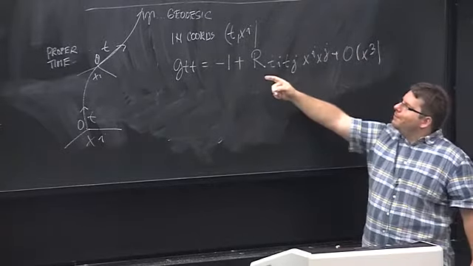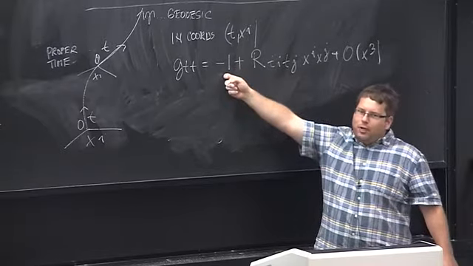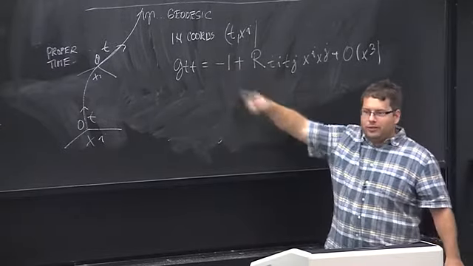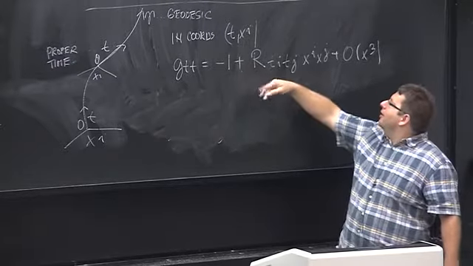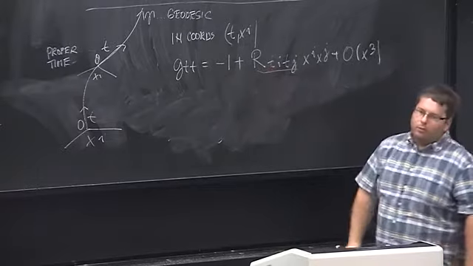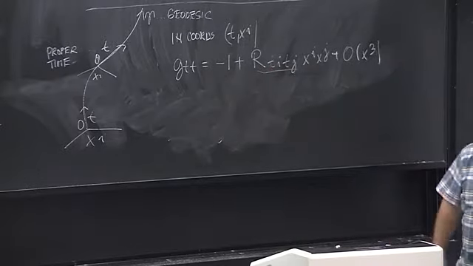So the absolute term is -1, as in the flat case. Then the linear term is gone, and then you have the quadratic term, which is just the components of the Riemann tensor.